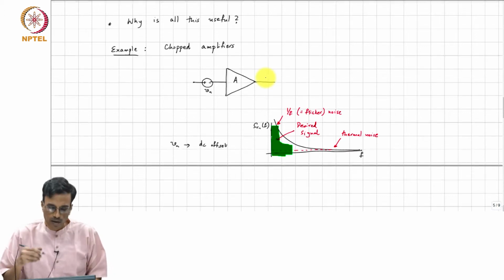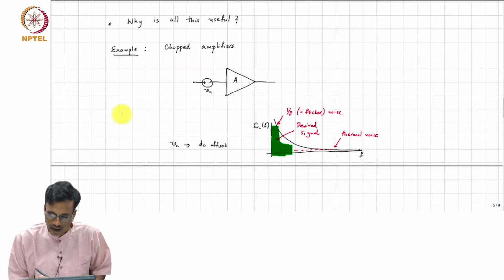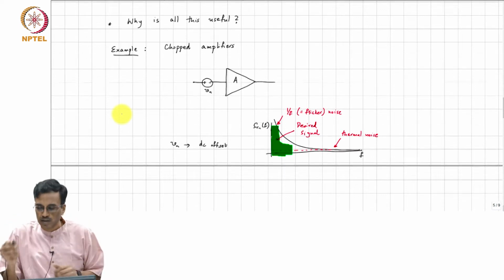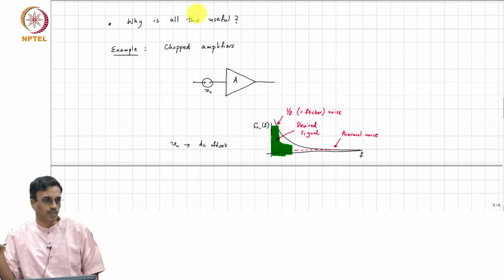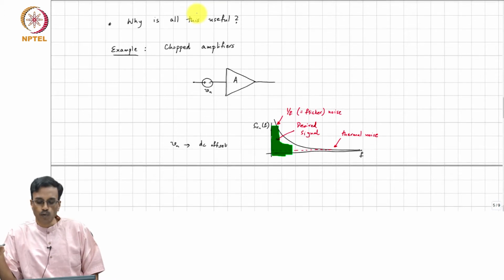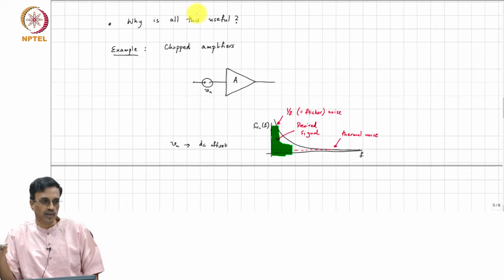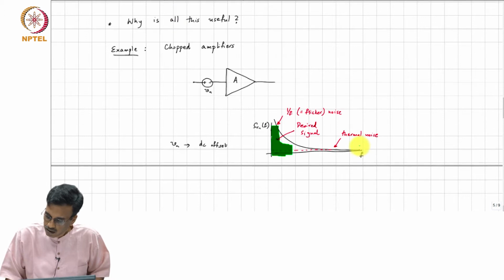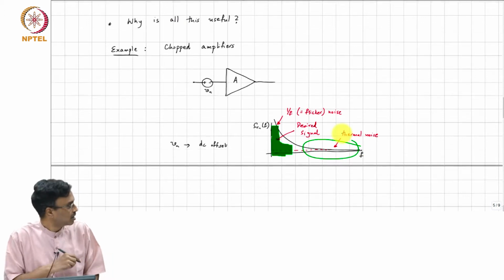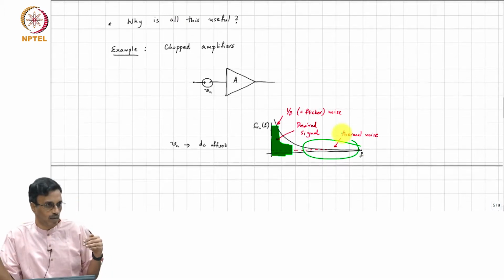What do you do? The idea is the following. It is only the low frequency portion of the input referred noise of the amplifier that is degraded by flicker noise. The higher frequency part, namely this area here, is basically only thermal noise.